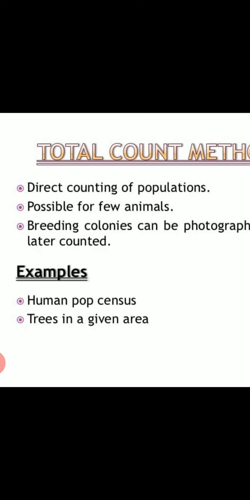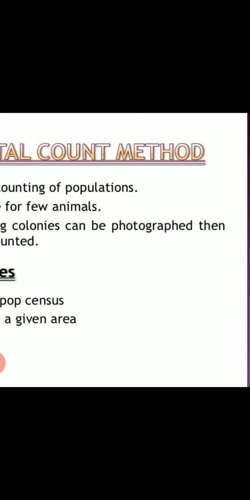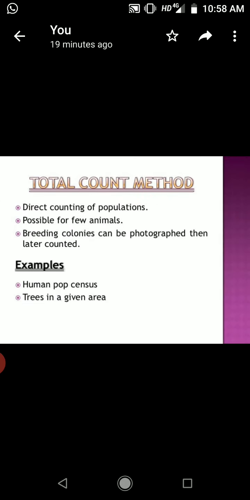Examples for this: human population census and trees in a given area. So the total count method means totally counting the population in a particular area.